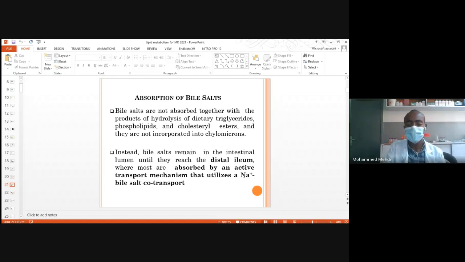The sodium potassium pump consumes ATP, so bile salt absorption is active indirectly, not by direct ATP consumption. The ATP is consumed by the sodium potassium pump, not by the sodium bile salt import mechanism itself.